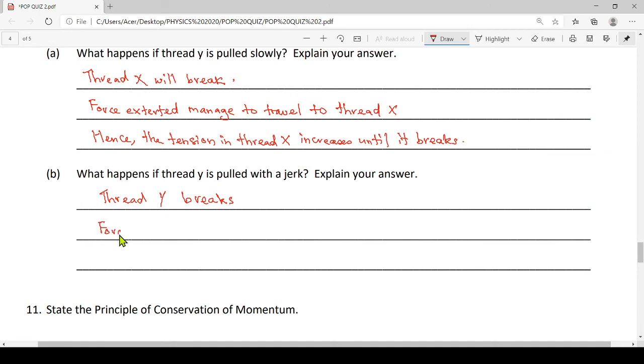Because the exerted force is stopped by the load, which maintains its inertia at rest.